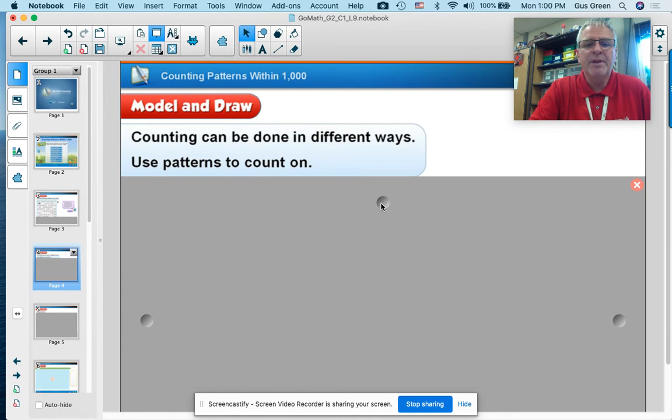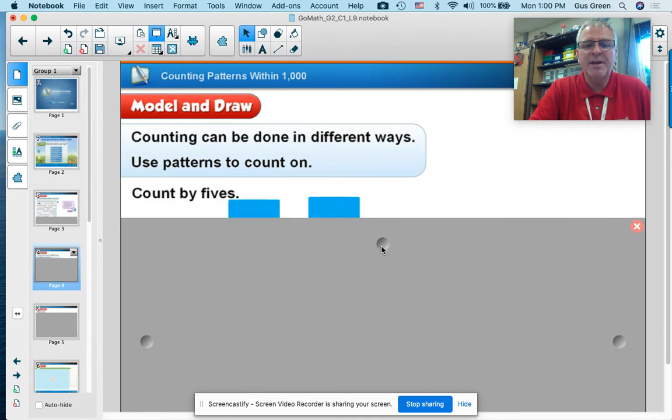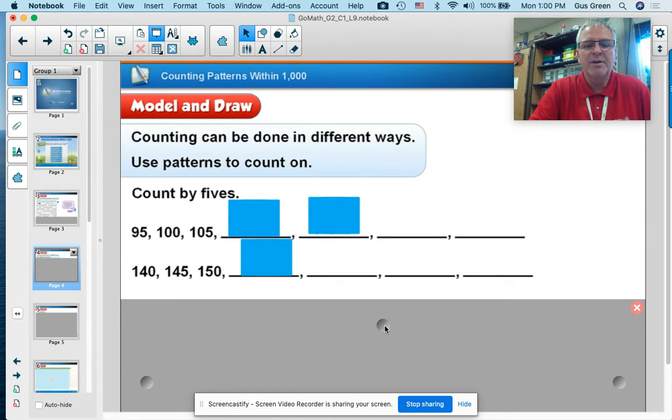The second part is counting can be done in different ways, and we can use patterns to help us count. So normally when you count by fives, you go 5, 10, 15, 20, and it's kind of a song. But what if you start at 95?